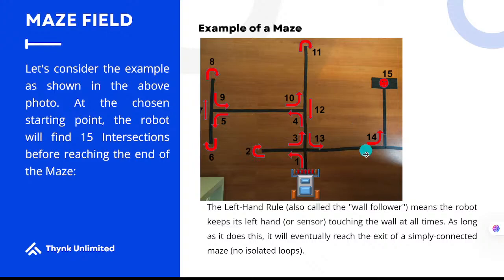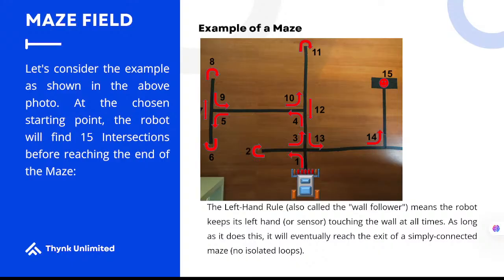As you know, we have several algorithms, several ways we can make our robot maneuver. Number 1, which is very simple for beginners like you, we can use a left hand rule, which says a robot should take the left exit whenever it's possible.